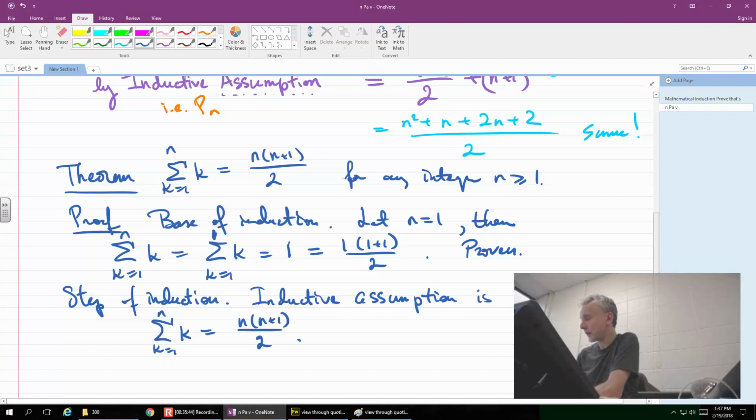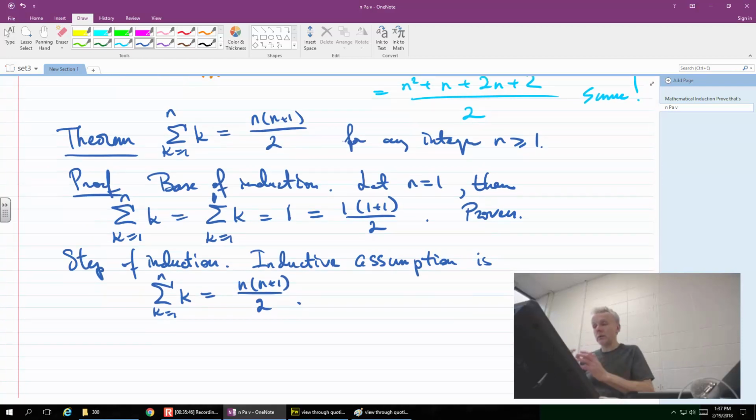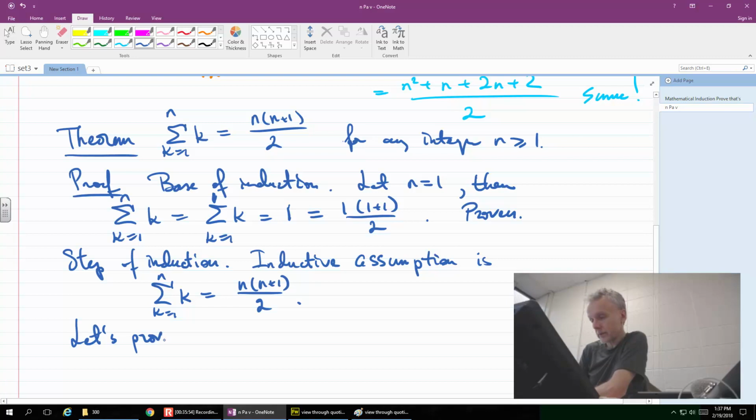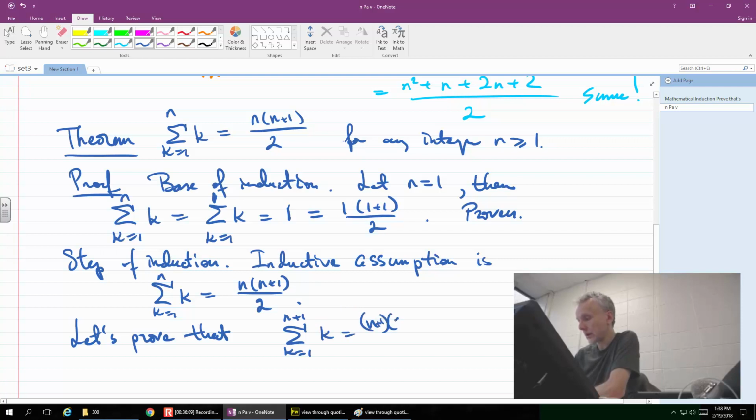Okay, now it's probably a good idea at this point to say what you're going to do. Let's prove that the summation of k from 1 to n plus 1 of k is equal to (n+1)(n+2) over 2.